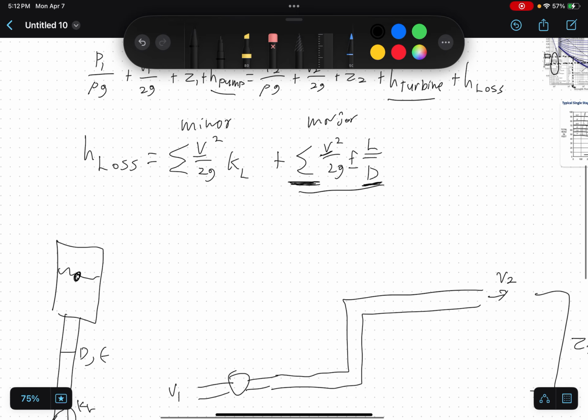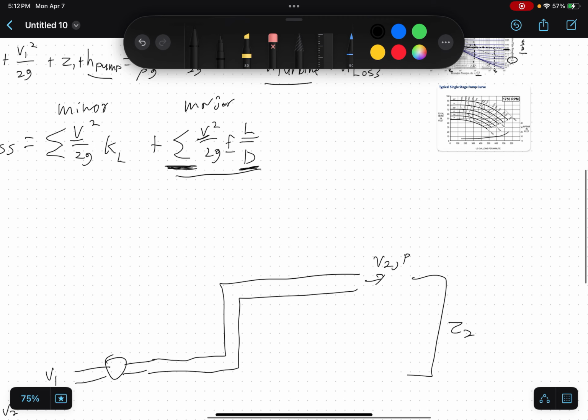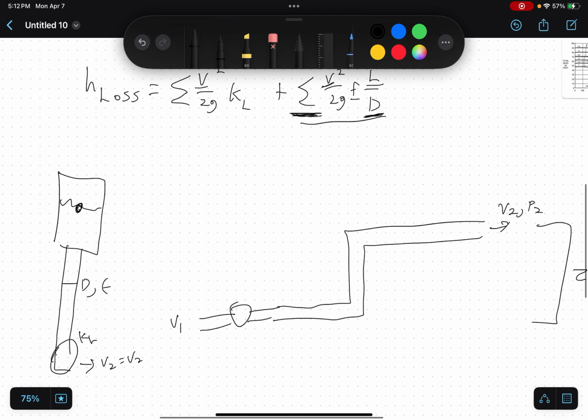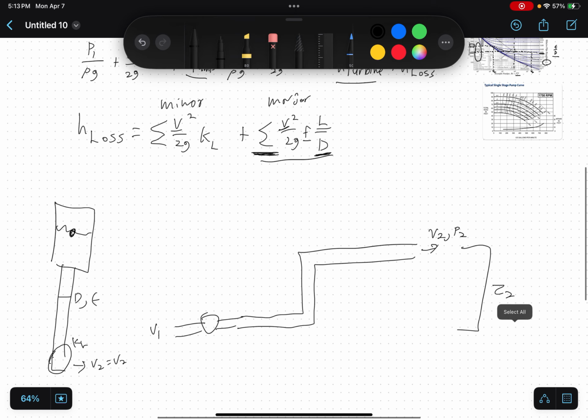So what do we have? Well, okay, they'll also give you a pressure, because when you pump fluid through a pump, it pressurizes it, kind of. But anyways, you'd solve for it.